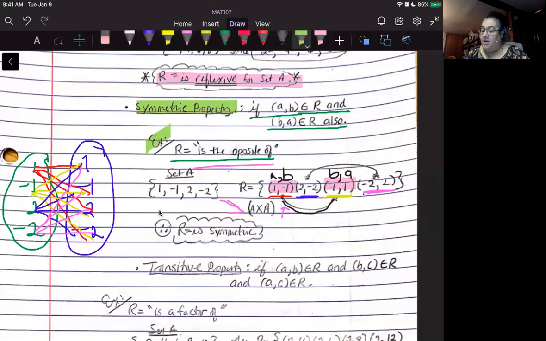Now let's look over here, all right? We've got 2, -2. If we call this A and this B. Do we have somewhere where the A and B are flipped?